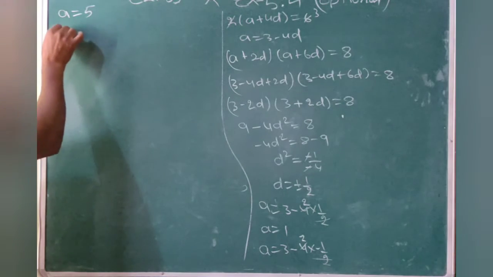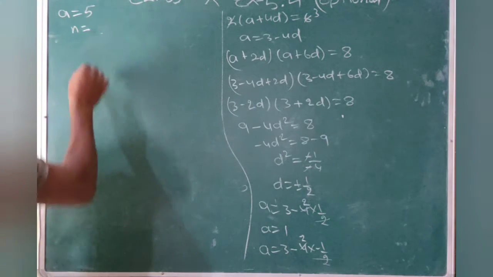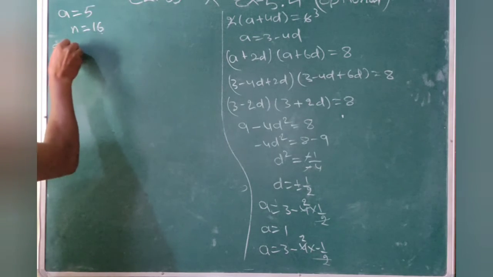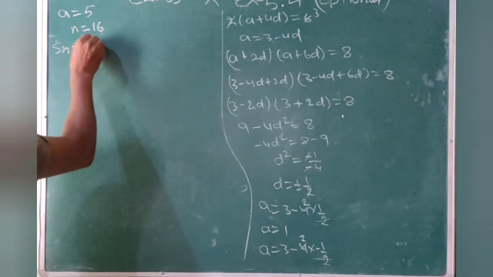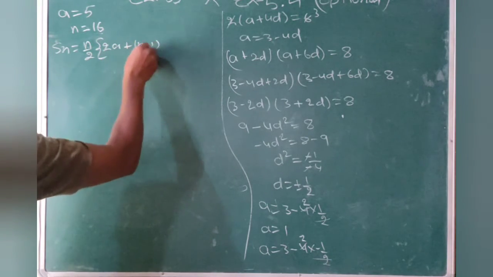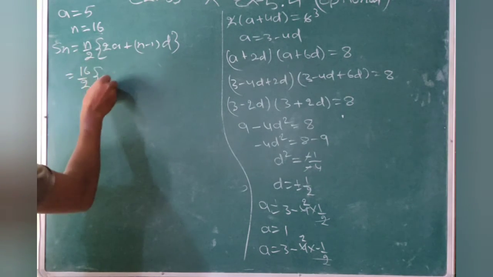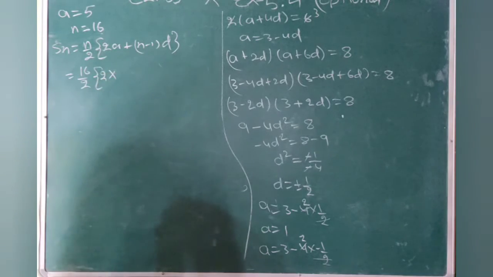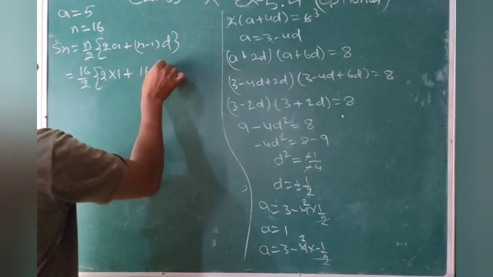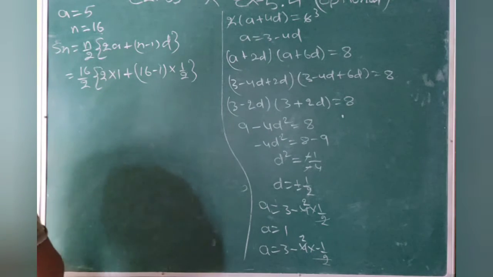Now Sn is equal to n upon 2 into 2a plus n minus 1 into d. N is given as 16. So that is 16 upon 2, into 2 times the a value, first of all 2 into 1, plus 16 minus 1, and the d value is 1 upon 2.